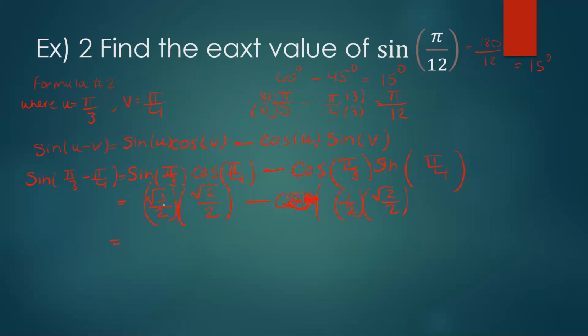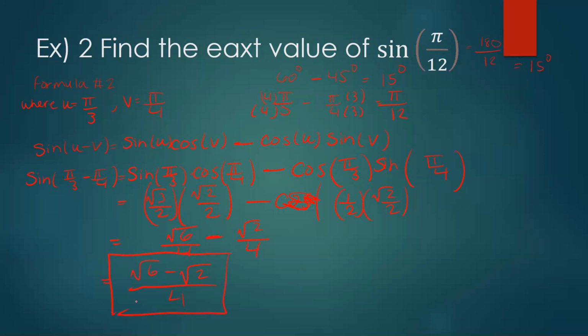So when you simplify, this is going to be radical 6 over 4 minus radical 2 over 4. So your final answer is radical 6 minus radical 2, all over 4.